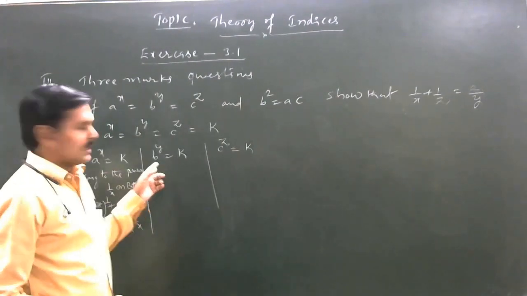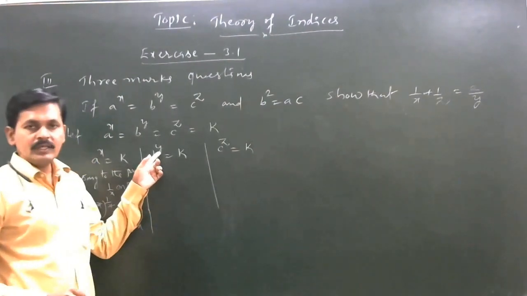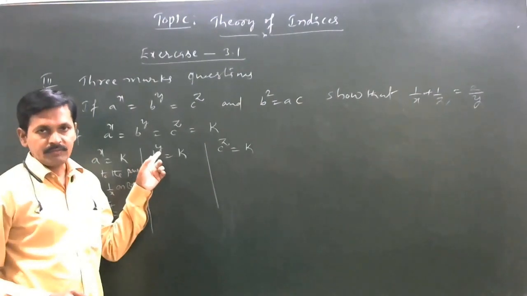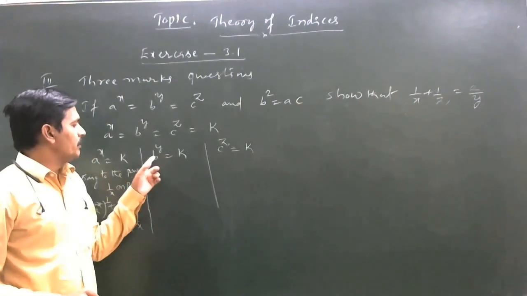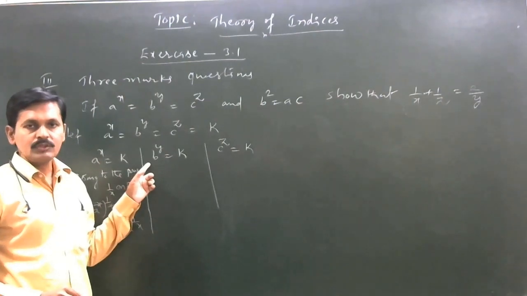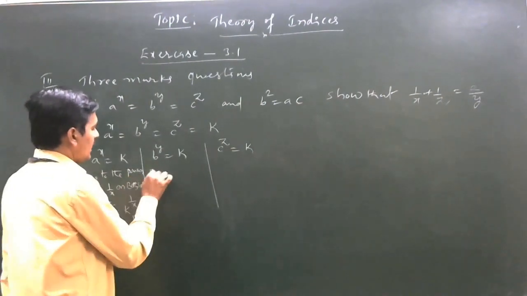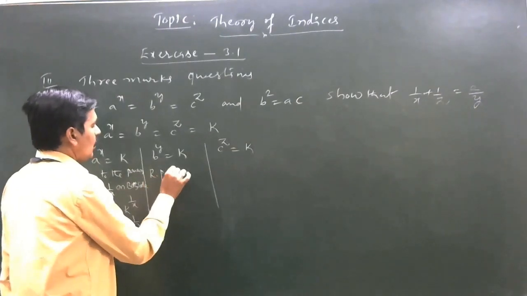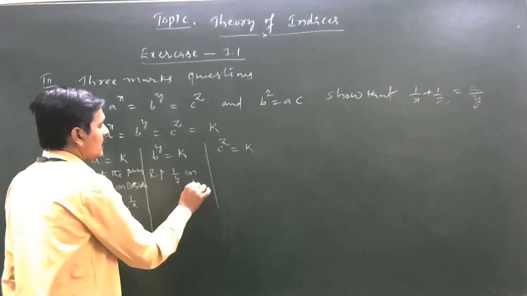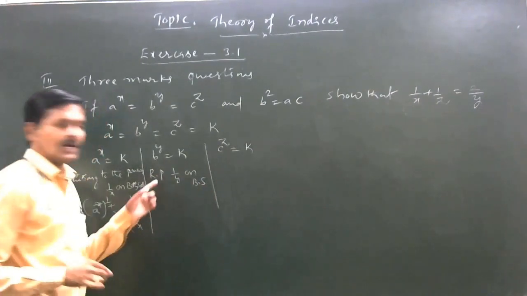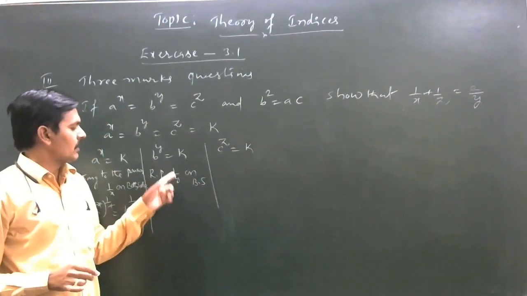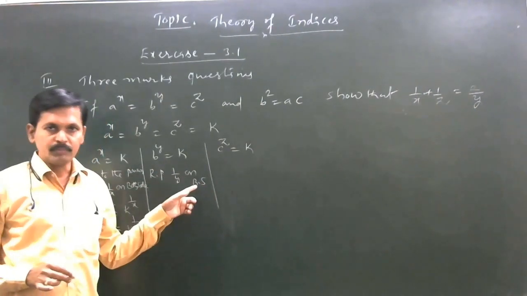Here also, what is the power of the b value? The power of b is y. To remove the y in b power y, here also we raise to the power 1 by y on both sides. Here RP means raising to the power 1 by y, and BS means both sides.